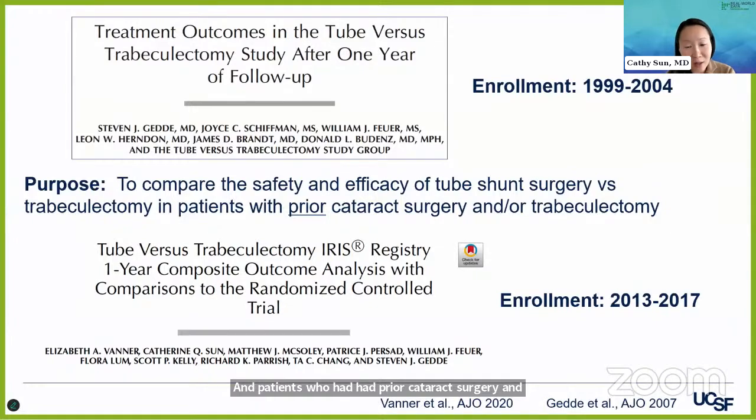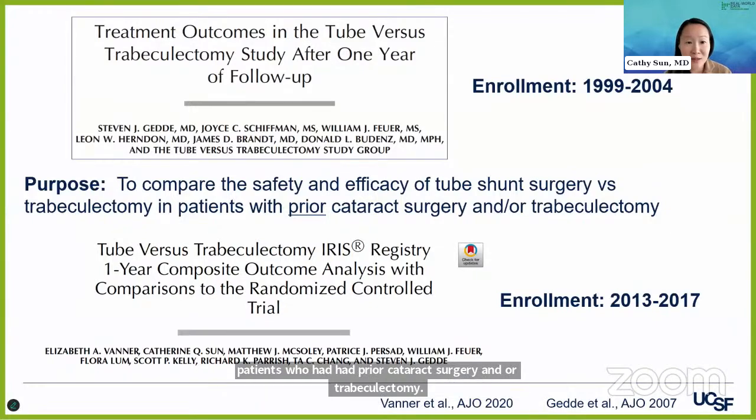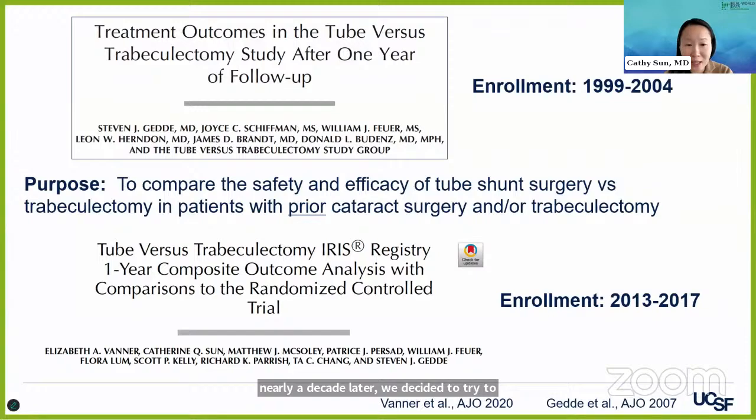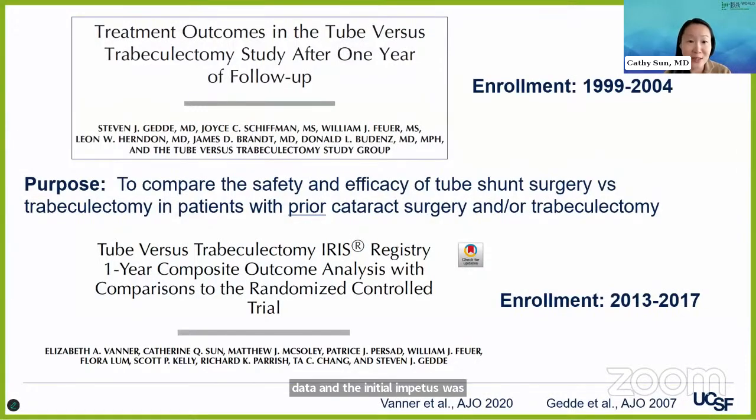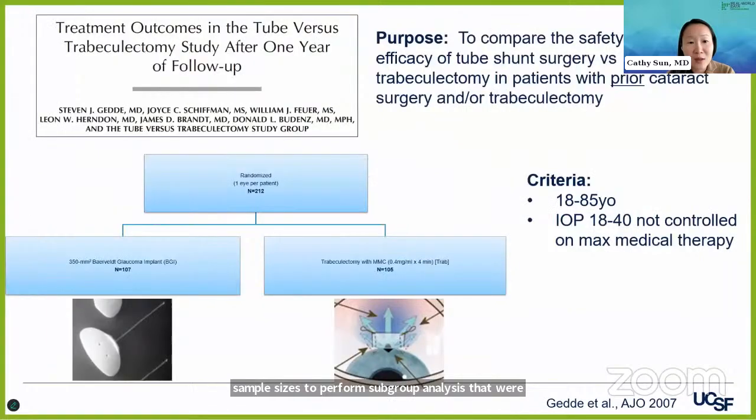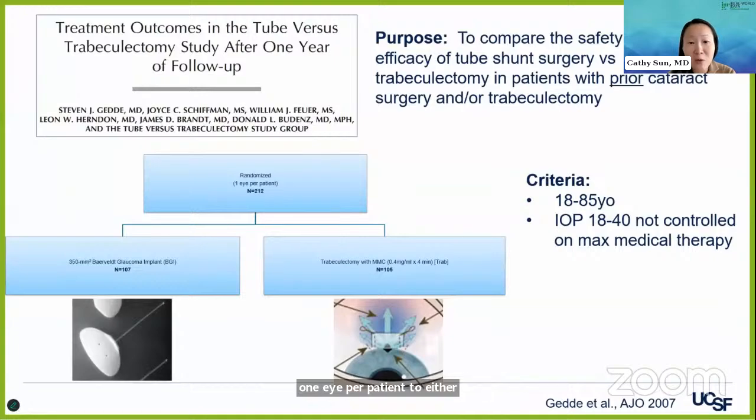Nearly a decade later, we decided to try to replicate the study using IRIS registry data, and the initial impetus was to try to have larger sample sizes to perform subgroup analysis that were sufficiently powered. In the initial study, they randomized 212 eyes, one eye per patient, to either a Baerveldt 350 or a trabeculectomy with mitomycin C.